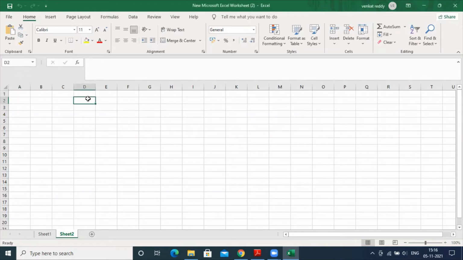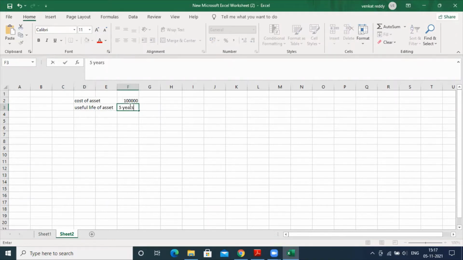Let us assume that the cost of an asset is 1 lakh, useful life of asset 5 years, tax rate 30%.